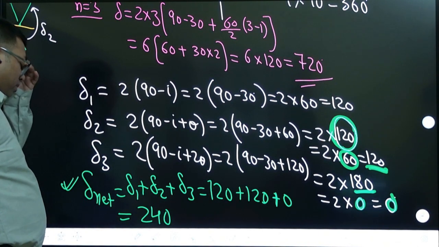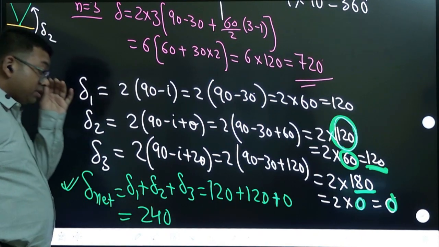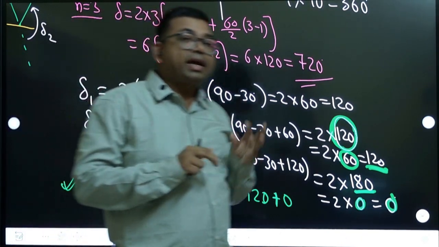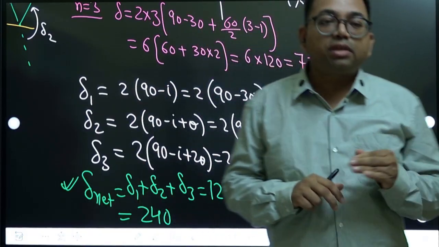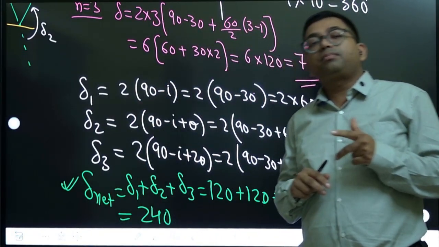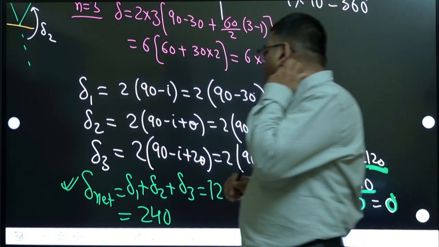Now, here also there is one very important result of retracing the path. The ray which is hitting is going to retrace the path. Let us try to apply this concept.